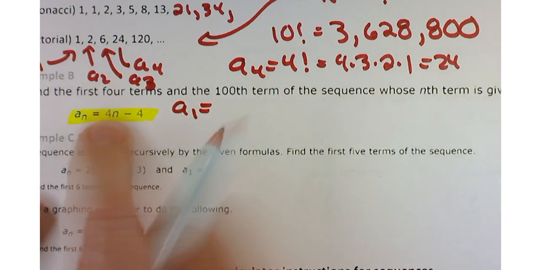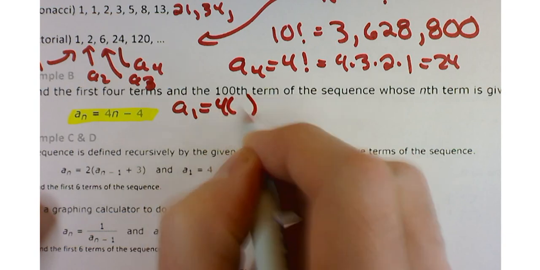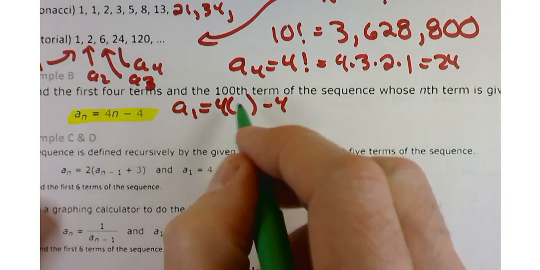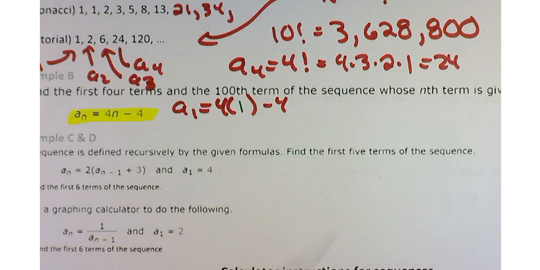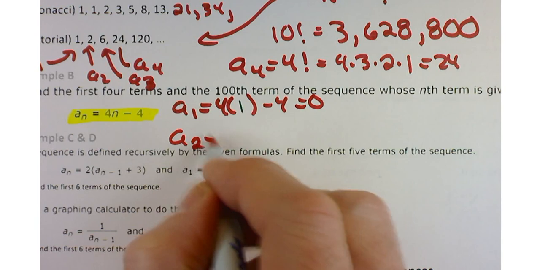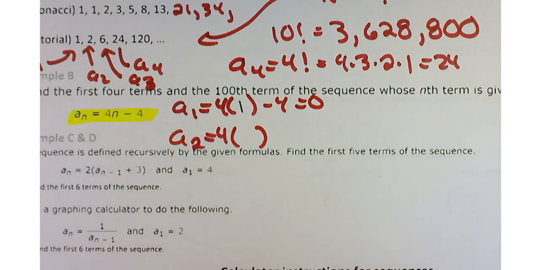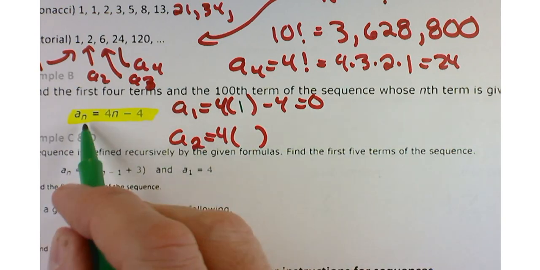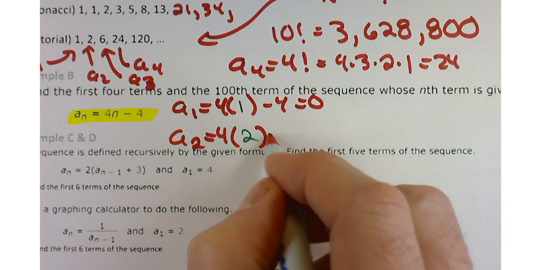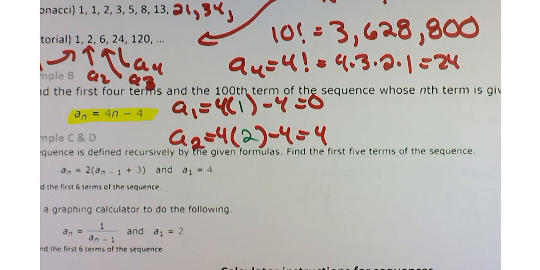A sub 1 means you're going to put in a 1 here for n. So 4 times 1 minus 4 is going to be 0. A sub 2, well, here you're putting in n equal 2, so 4 times 2 minus 4 would be 4.